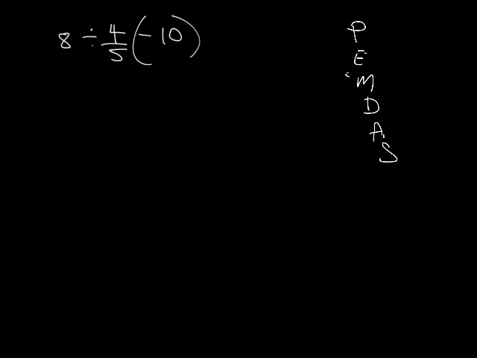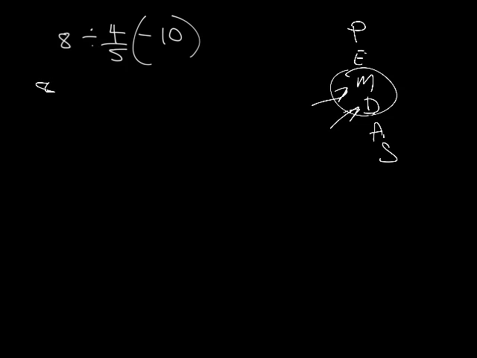Okay, the key thing right here is this part, multiplication and division from left to right. When you come up to a multiplication or a division, just do it in that order. It doesn't matter if it's a multiplication sign or a division sign that you come across first. Do that. So this doesn't mean you do multiplication and then you come back and do division. If you hit a division first, do it.